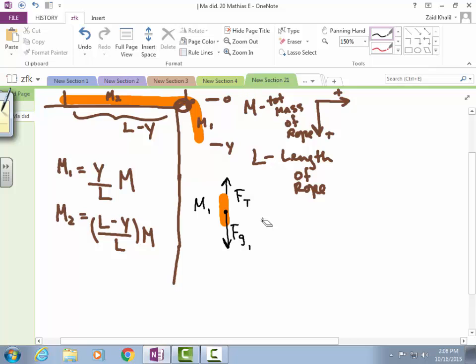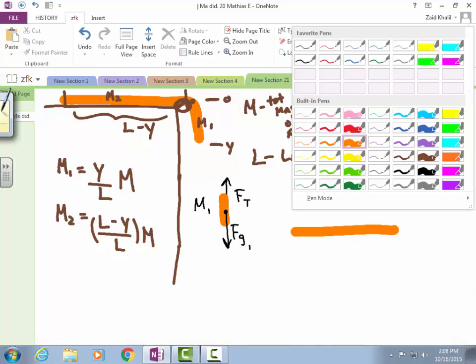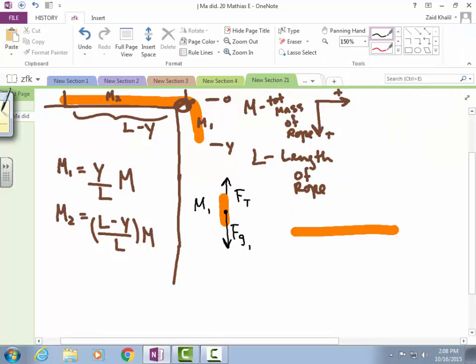And now we look at M2. And what are the forces on M2? Tension. Well, the question is, do you want this hard or easy? For right now, let's make it easy first.